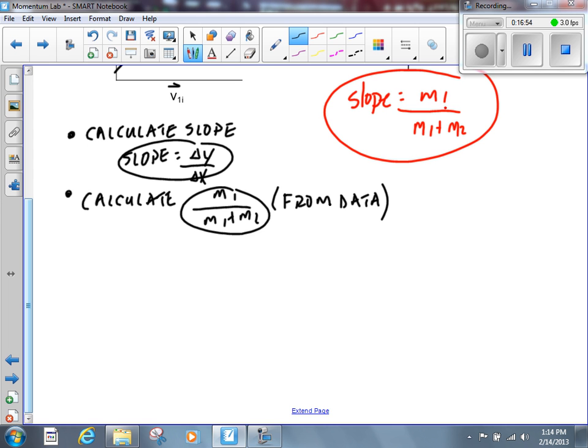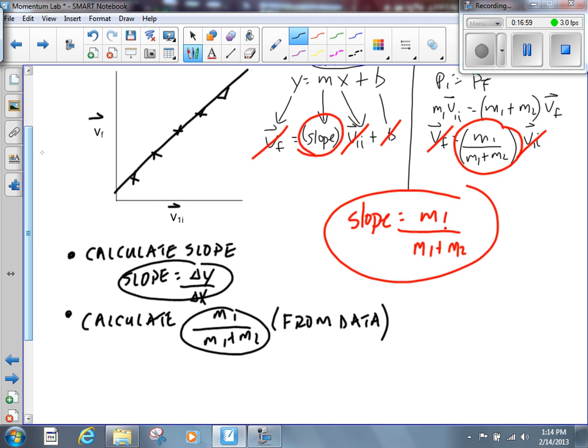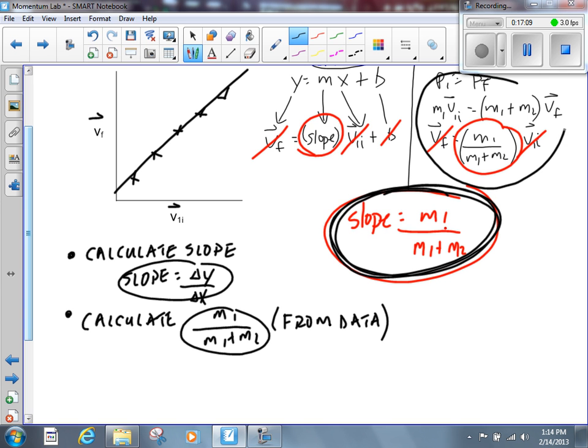Why do we say that? Well, look at what we've done up here. We've said in our analysis of that graph that slope is equal to M1 over M1 plus M2. But in order to say that, we've assumed the law of conservation of momentum to be true. If we find that this value equals this value, then the assumption that we made must be a good assumption. If we find that this does not equal this, then the assumption that we made is presumably an incorrect assumption. Does that make sense?